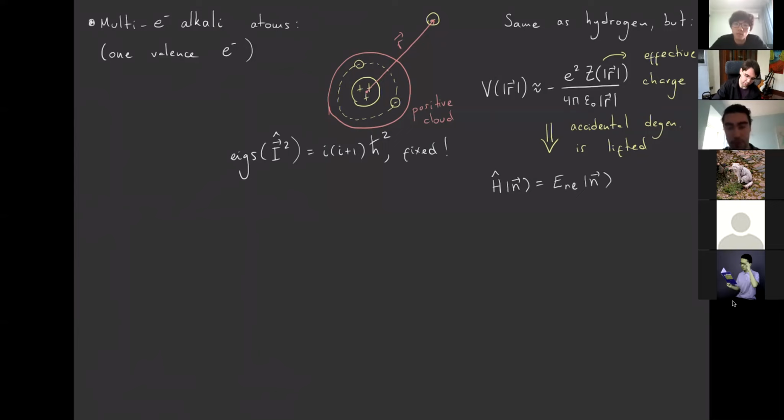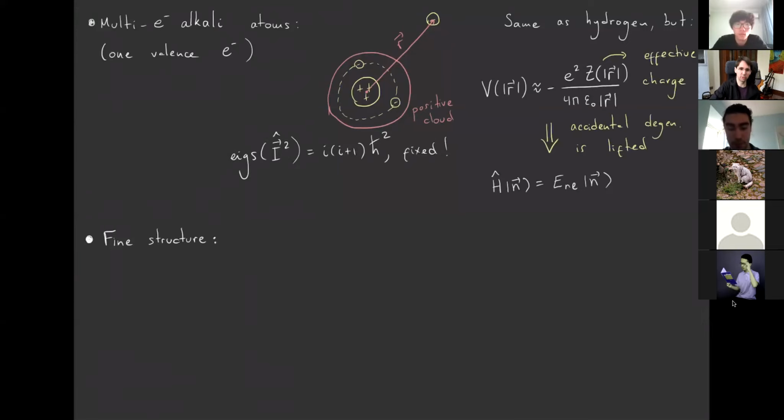And in particular, you have two types of corrections. One are called fine corrections, and another type are called hyperfine corrections that probably you have heard about as well. So in particular, let me first focus on the fine corrections, so what we call the fine structure of the spectrum.